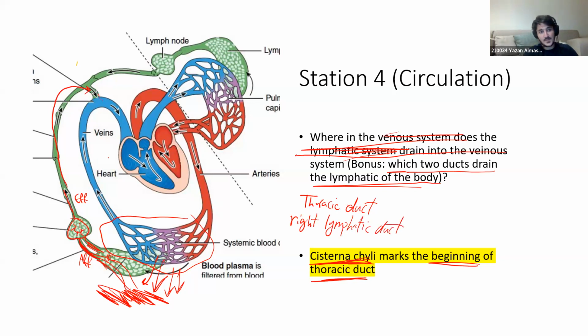Okay, and then through the vein back into the right atrium. Is that clear? Perfect. Okay.